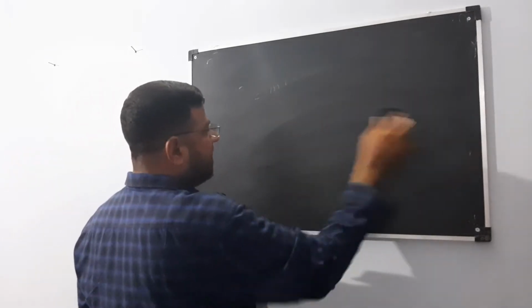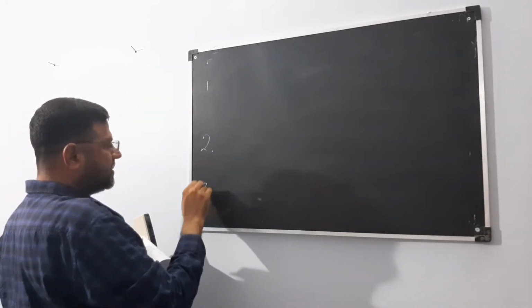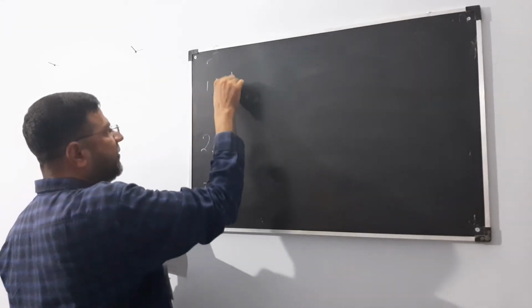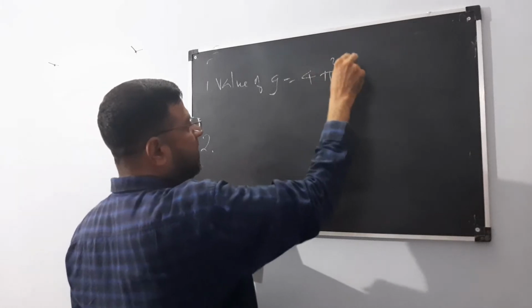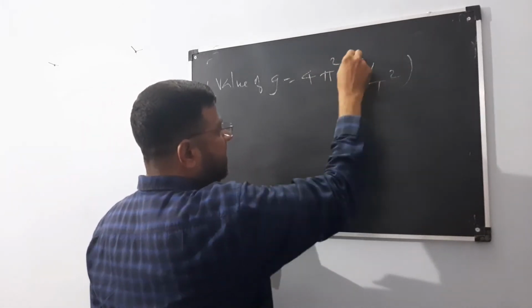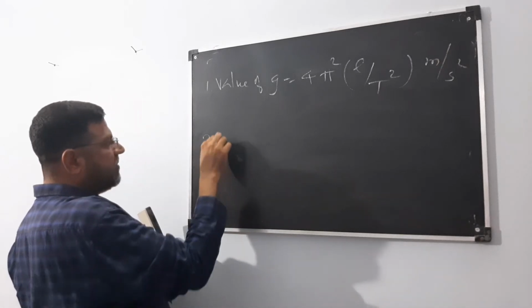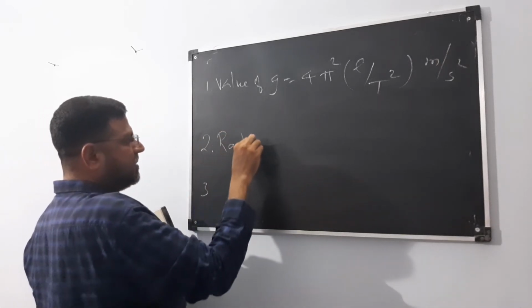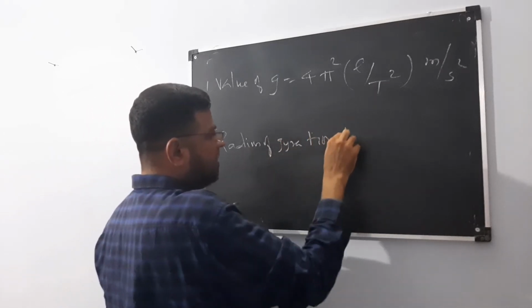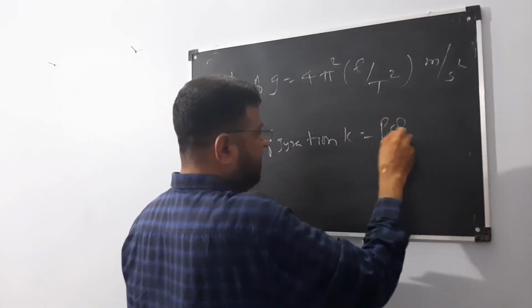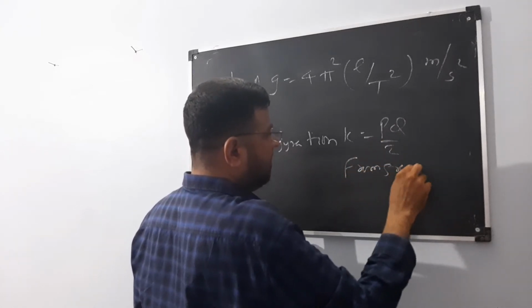In a compound pendulum we have to find three data: 1, 2, 3. One is value of g. So that is equal to 4 pi square L by T square meter per second square. Then you have to find the value of radius of gyration. Radius of gyration K is equal to PQ by 2 from graph.